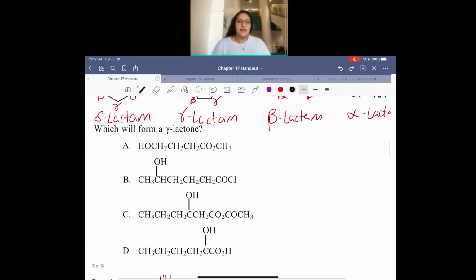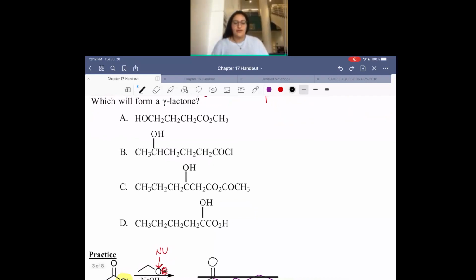So, gamma lactone, how many membered ring is that for a gamma lactone? Someone said a 5-membered ring. Let's see how that checks out.